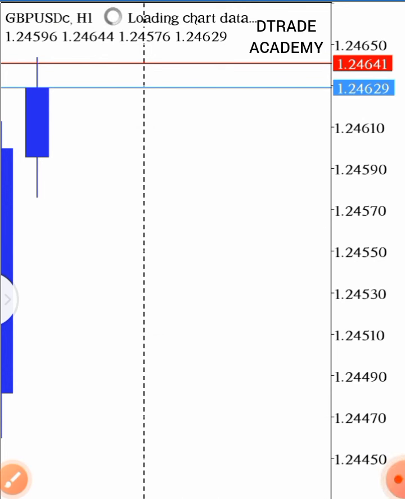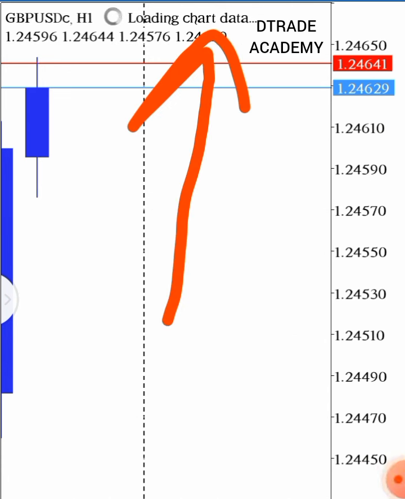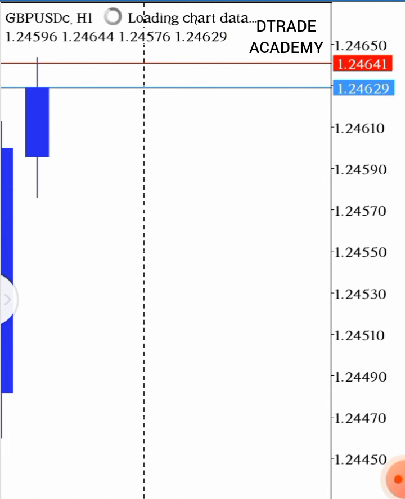What is imbalance? In the forex market, we have the buyers pushing the price up and the sellers pushing the price down. The forex market doesn't move in a straight line.